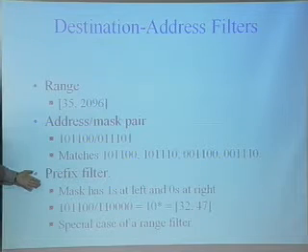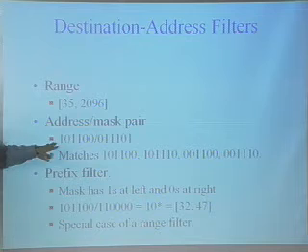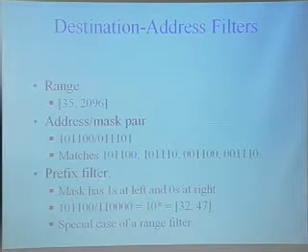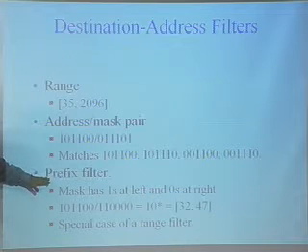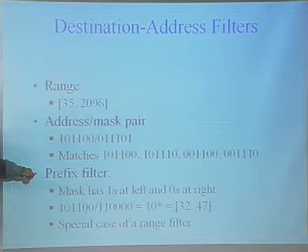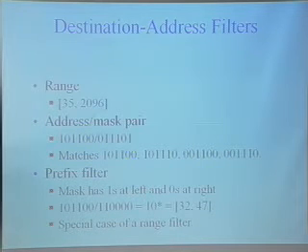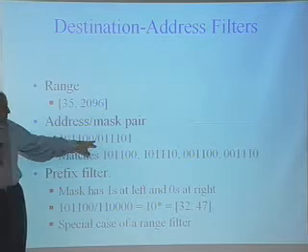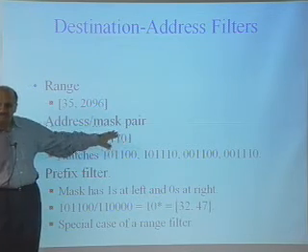Now, in reality, people don't really deal with filters that are as general as this. If you pop open any commercial router out there, it's really looking at very simple filters, which are prefix filters. So a prefix filter, if you're looking at it in this notation, would have the property that all the zeros are at the right end. So the don't cares are at the right end.